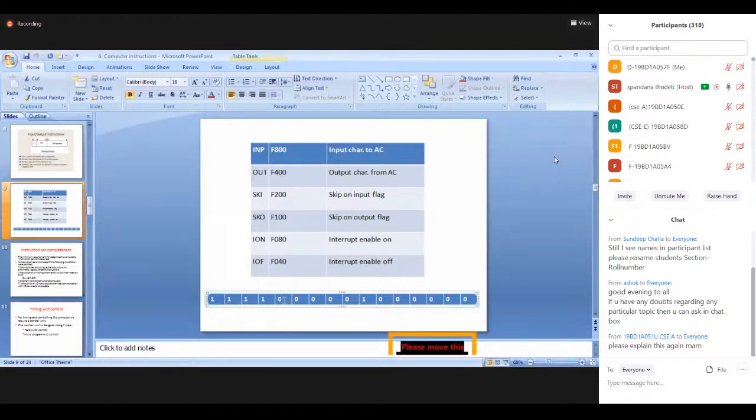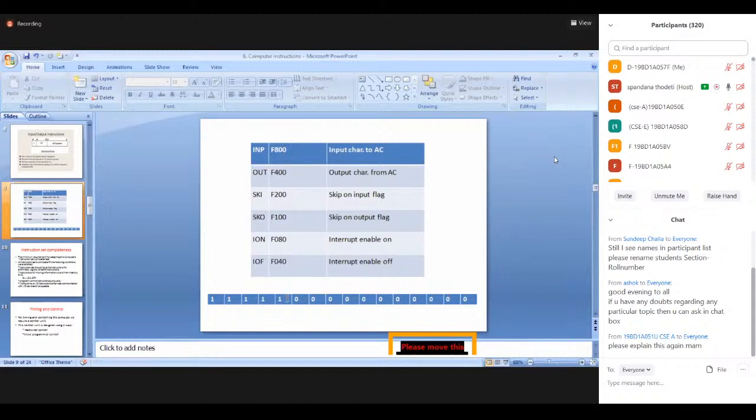Now, if the 11th bit is 1, let us see the corresponding hex value. These 4 ones equal F. Then 1000 is equivalent to 8, then 0, and the last 4 zeros equal 0. So the value is F800.